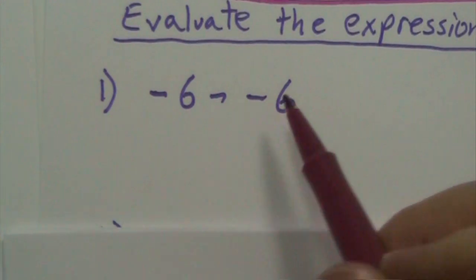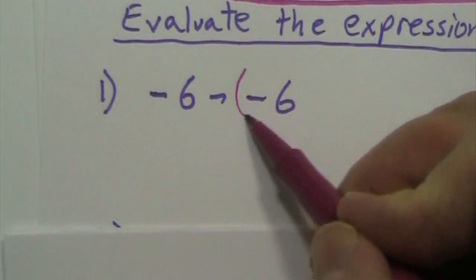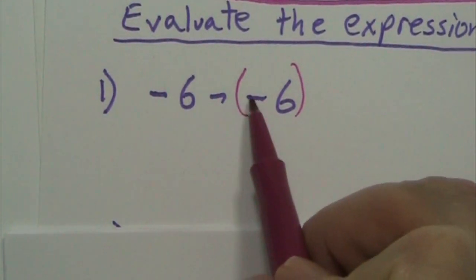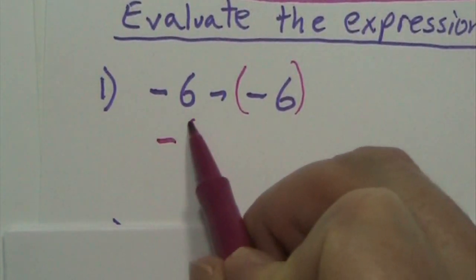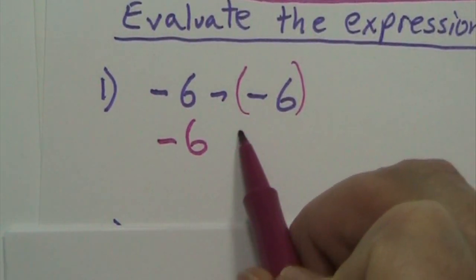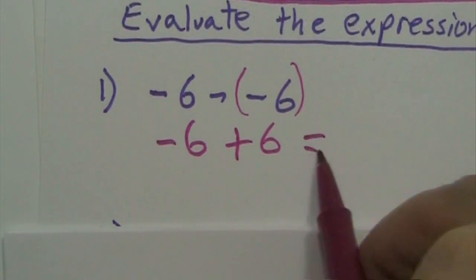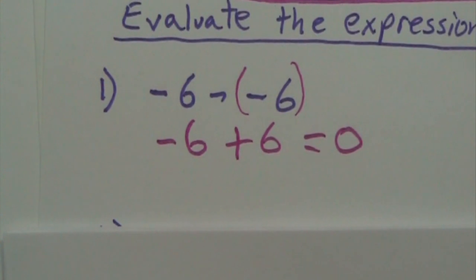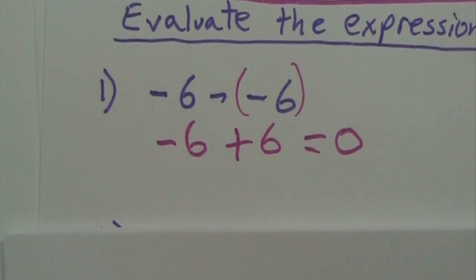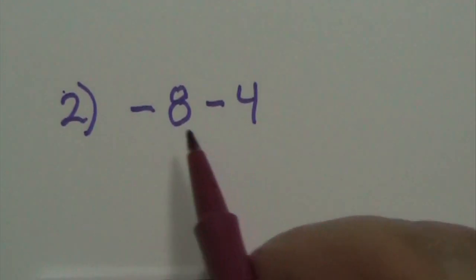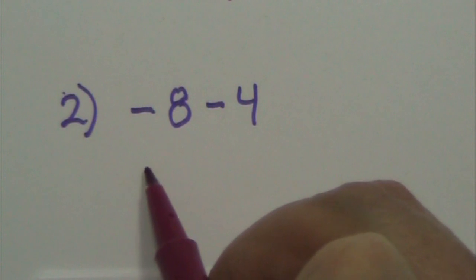Here's our first problem. Sometimes they're written this way. All right, so we have -6, and this makes a big plus. So I have -6 plus 6. -8 minus 4.